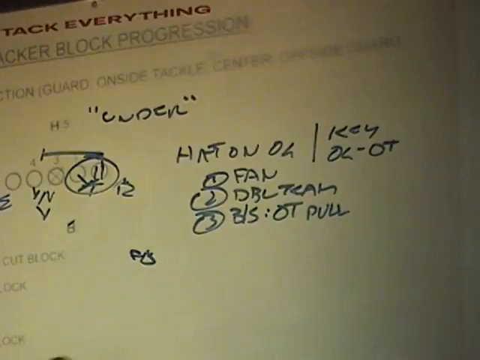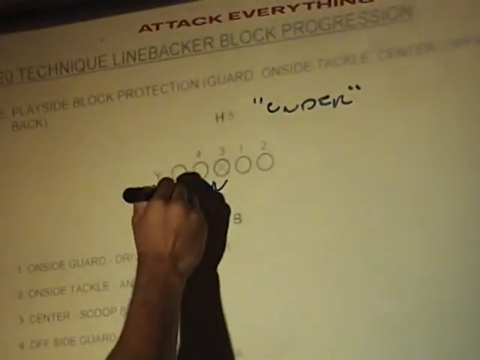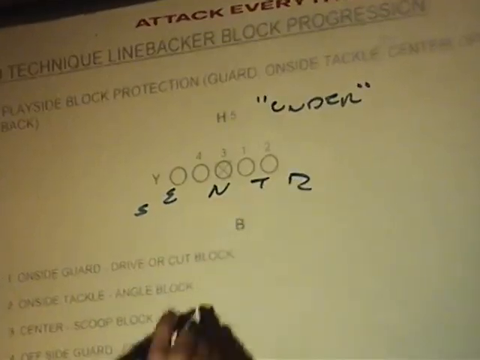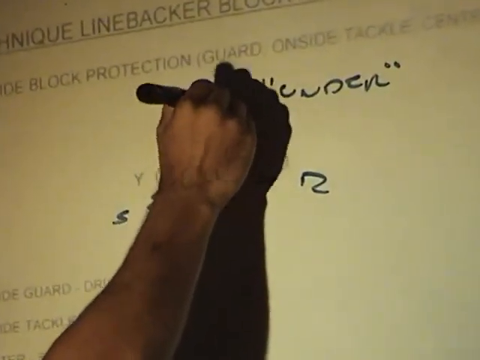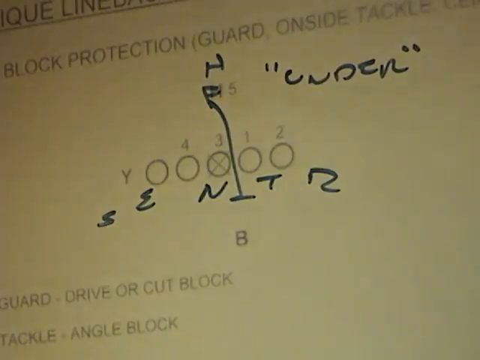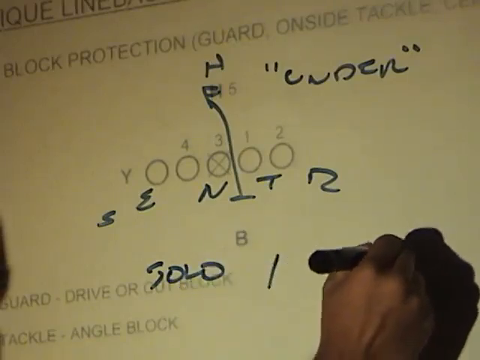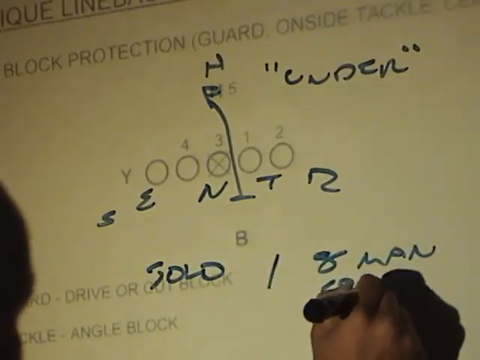Okay. Now the final block that we'll get play side is the insertion block by the fullback here. And so again, it's important as a 20 technique to know, is it solo or is it 8-man spacing? These are our two terms.